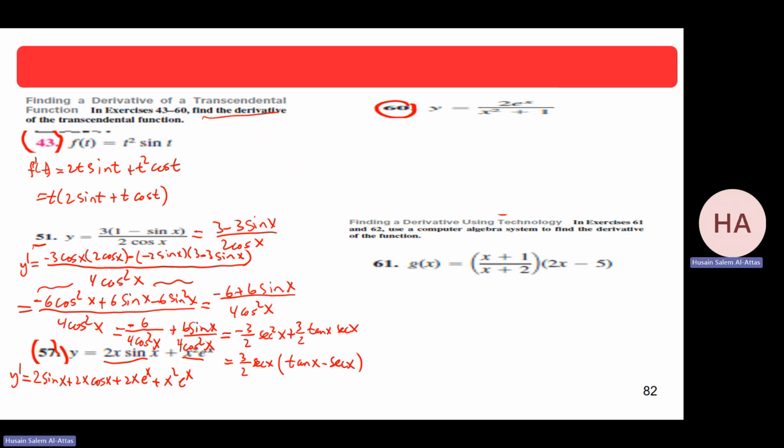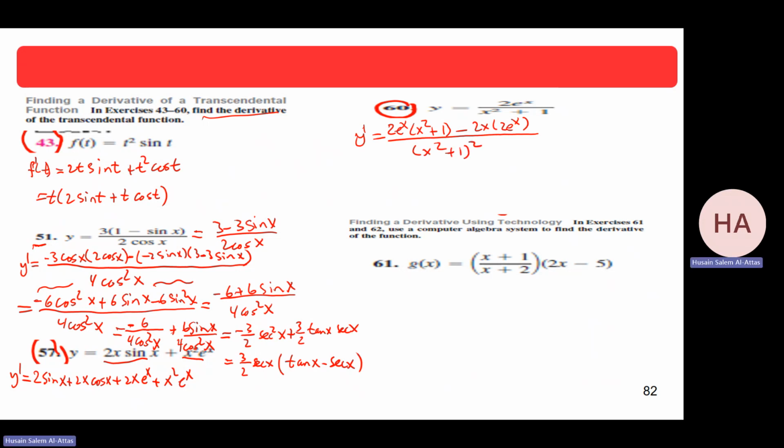Now 60 with just the quotient rule. Y prime would be what? The derivative of the numerator, which is 2e^x, times the denominator, minus 2x times 2e^x, over x squared plus 1 squared.